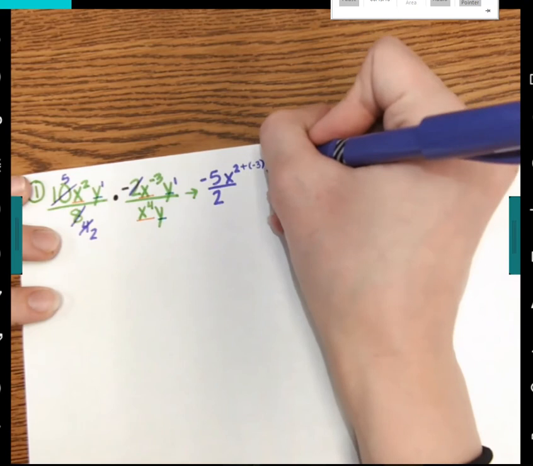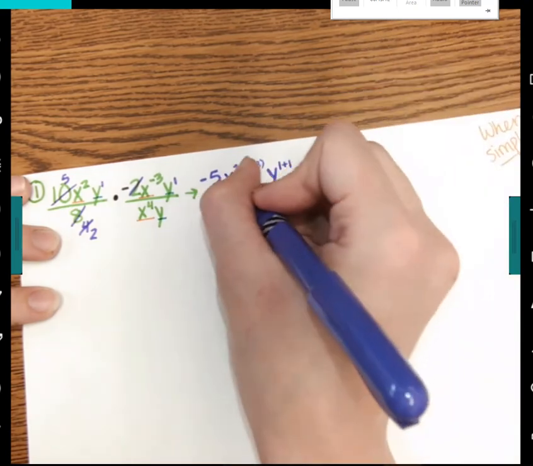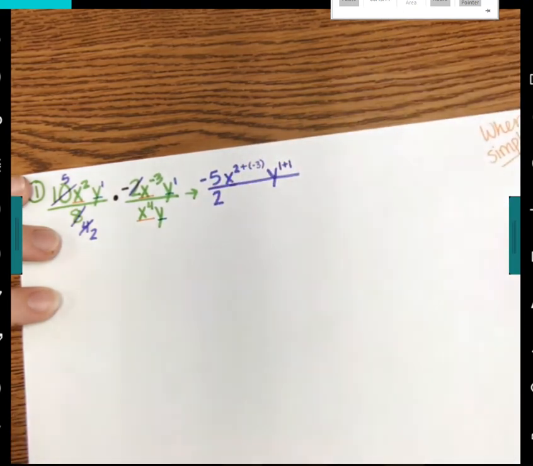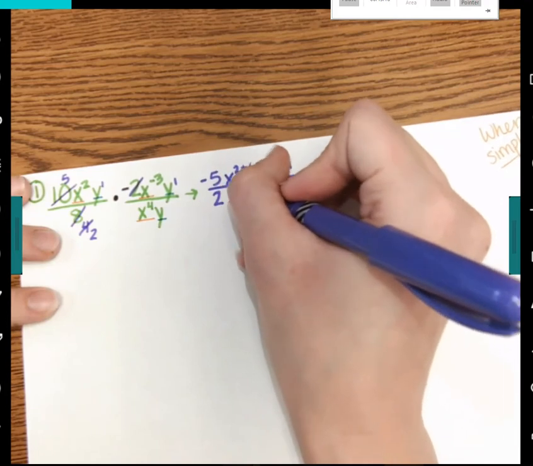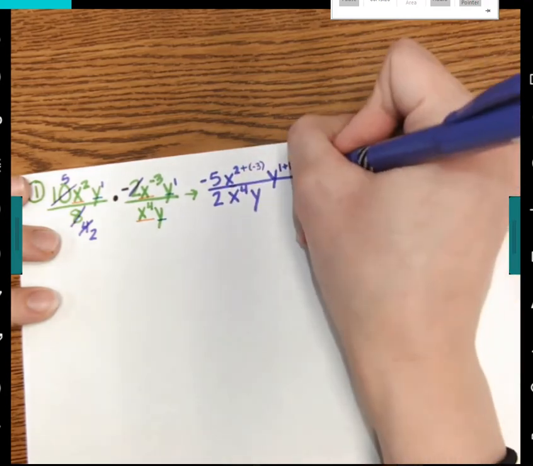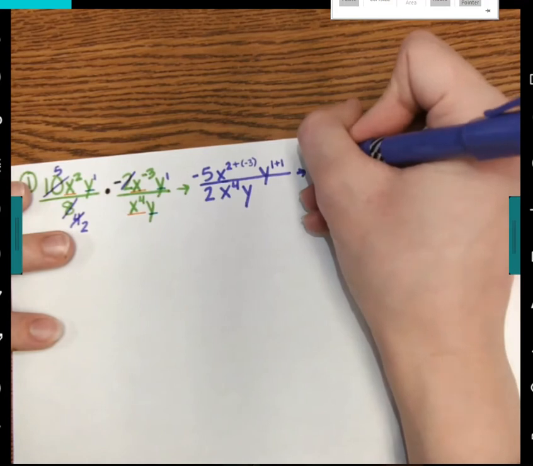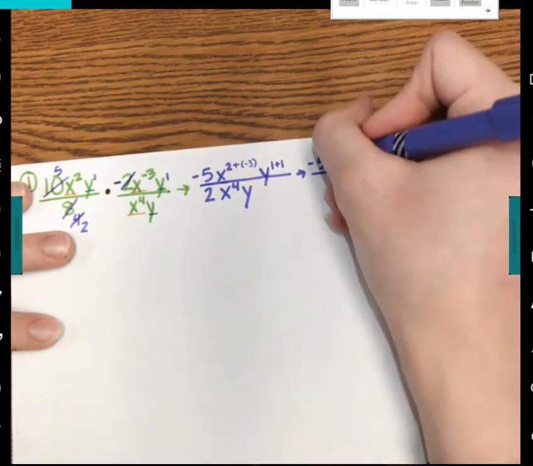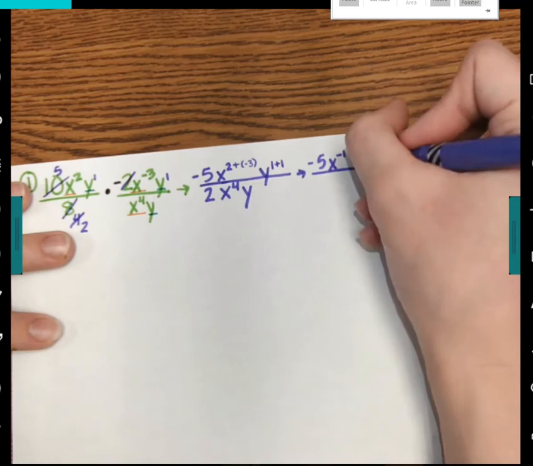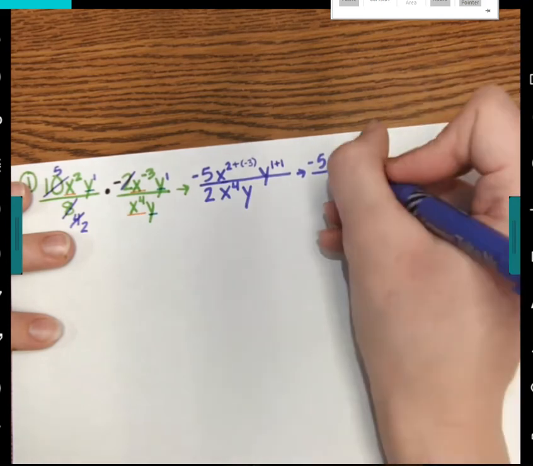So that's 1 plus 1. On the bottom, there's nothing to combine on the bottom. This would be x to the negative 1, y squared.